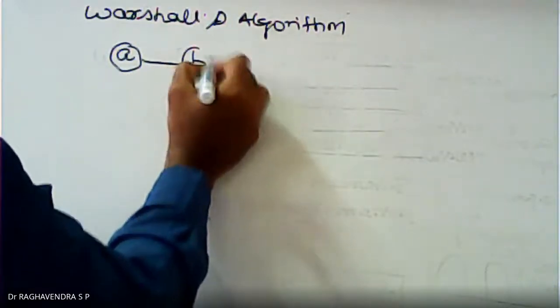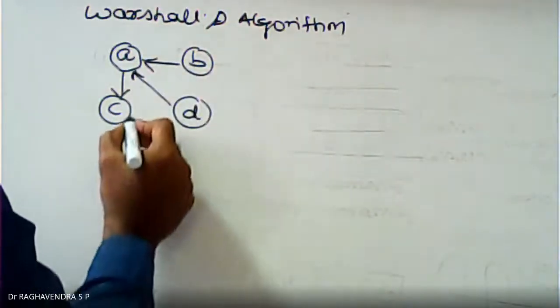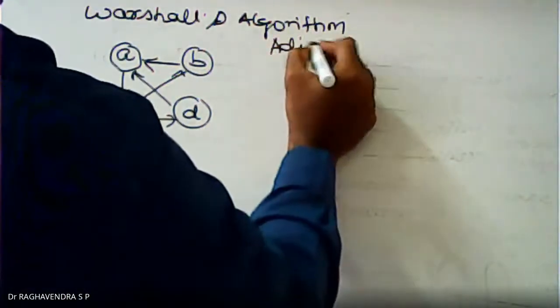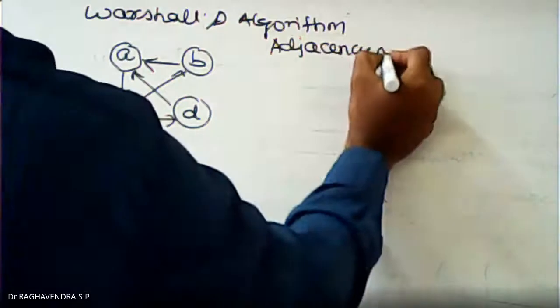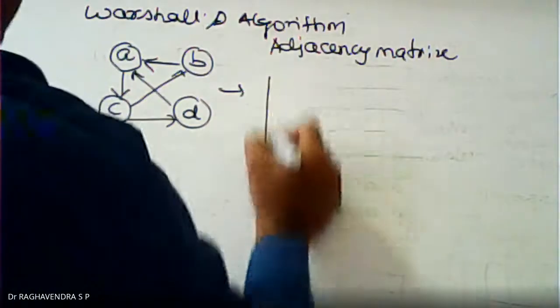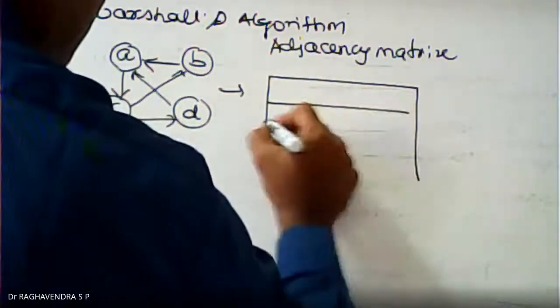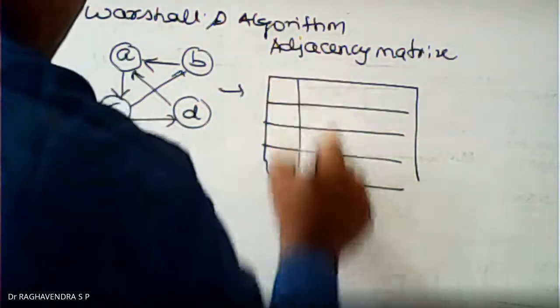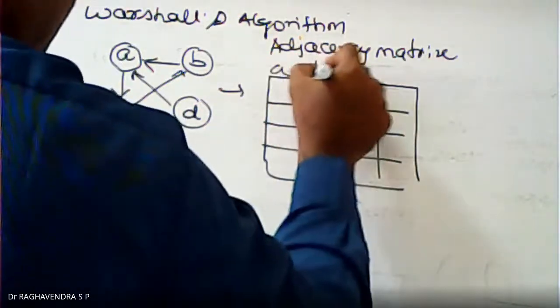So we have A, B, C, and then D. In class also I have covered this. So the adjacency matrix for this graph is like this. It is a 4 cross 4 matrix. So A, B, C, D.